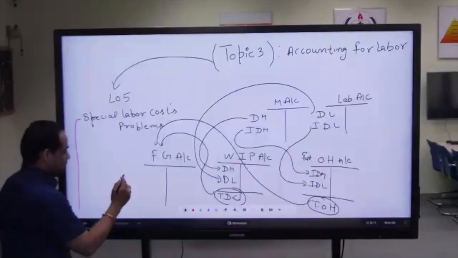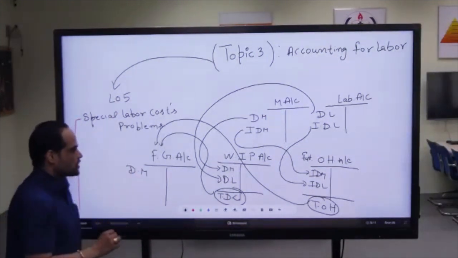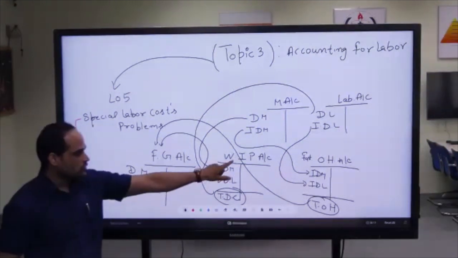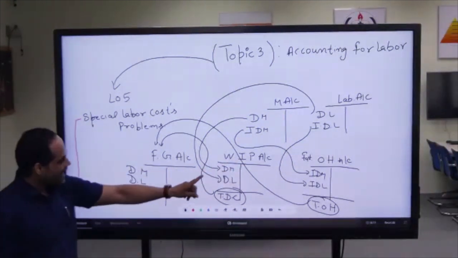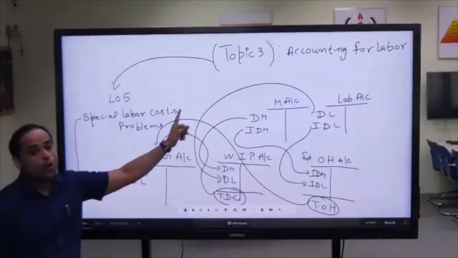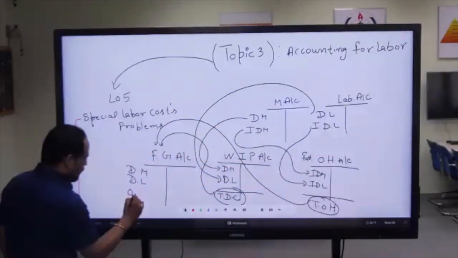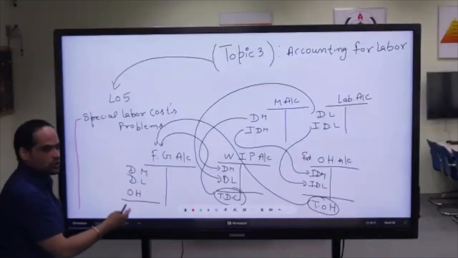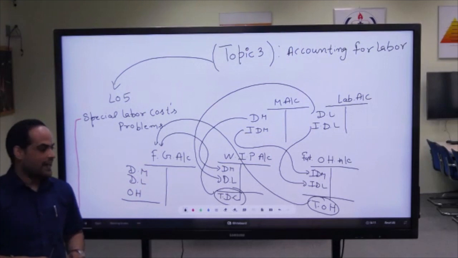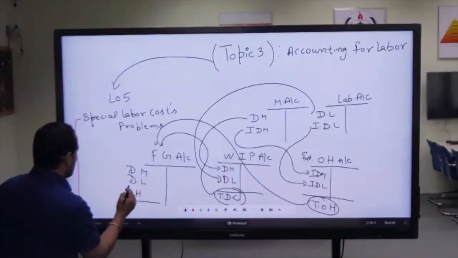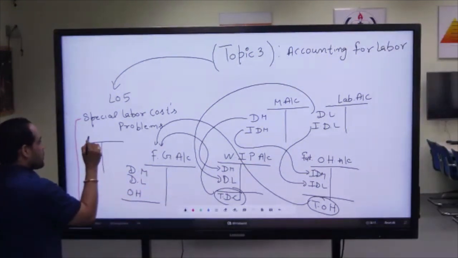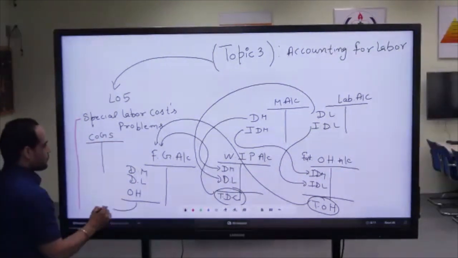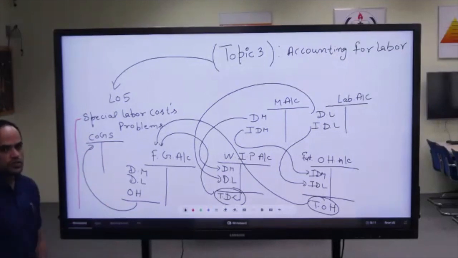You can say that direct material, which comes from work in process, direct labor, which also comes from work in process, and factory overheads or overheads. All right. So that is your total manufacturing cost. And this total manufacturing cost will transfer to cost of goods sold. All right. So that will transfer to cost of goods sold.